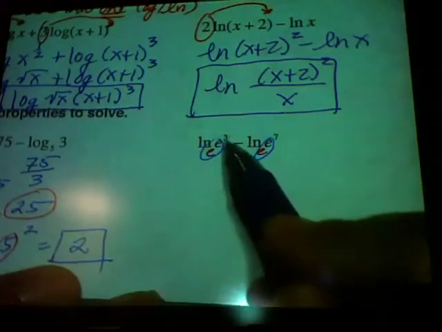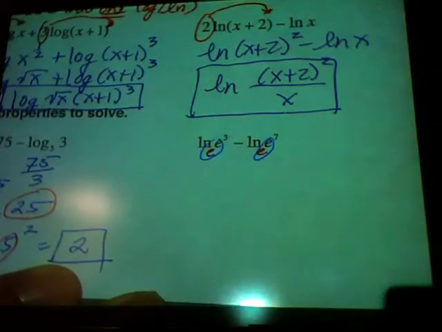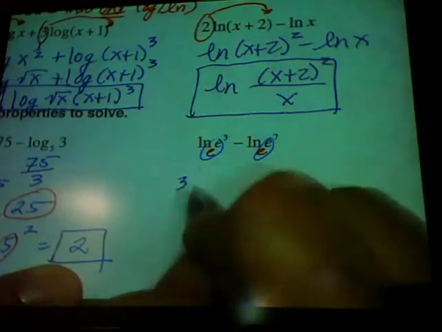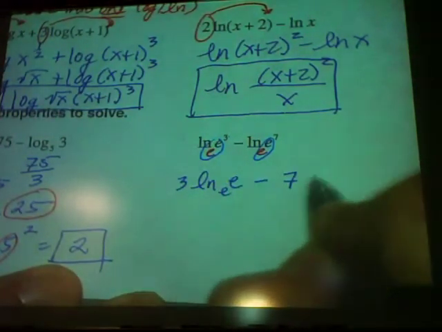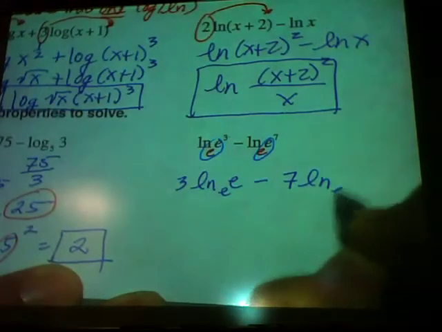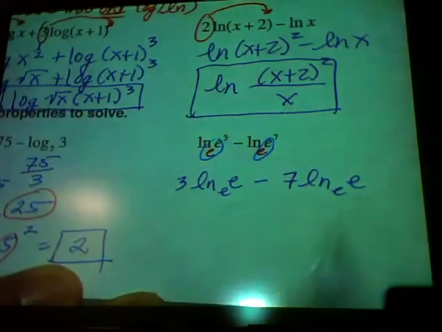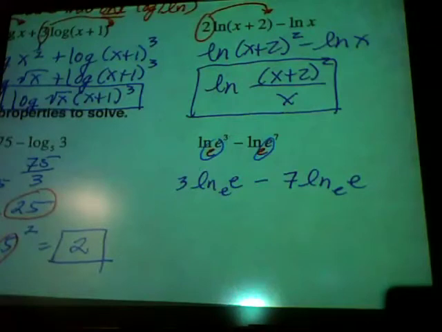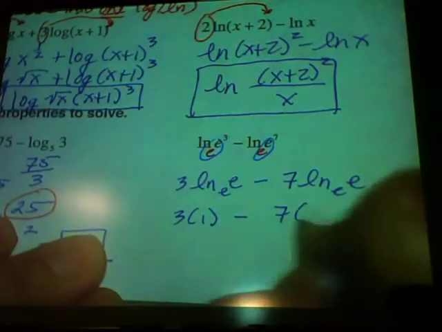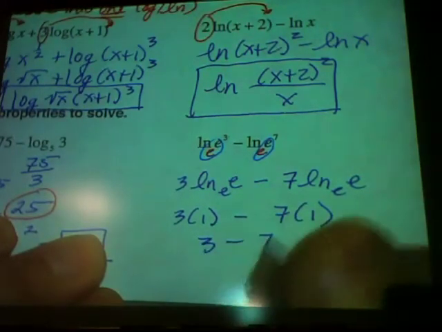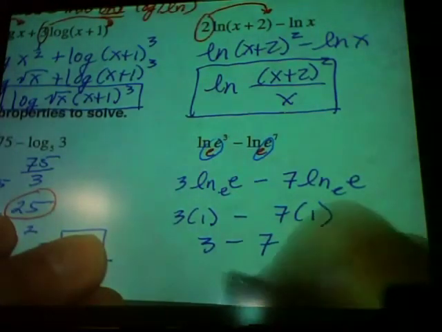So technically you could swing that exponent out into the front, couldn't you? So you can have 3 natural log of e to the e minus 7 natural log of e to the e. And we know that natural log of e to the e has a value of 1. 3 times 1 minus 7 times 1 is 3 minus 7, which is indeed -4, right?